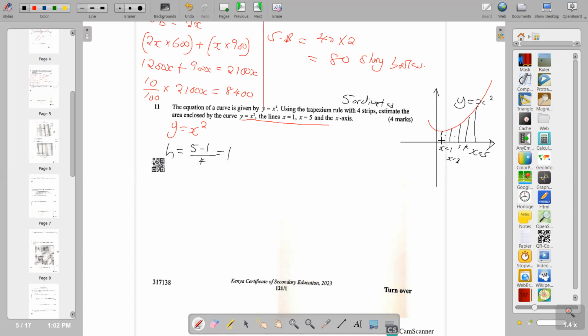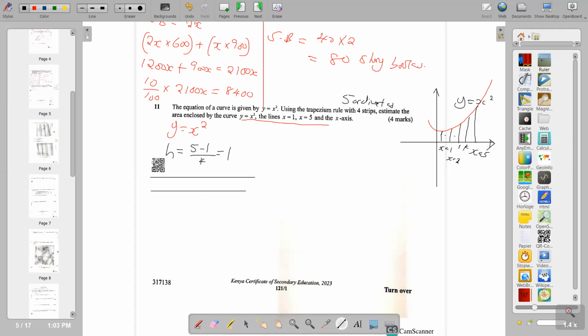Now ordinates are these lines. So you're going to have 1, 2, 3, 4, 5. Now, going to use the formula of trapezium, but the best way to do this is just to draw a small table.